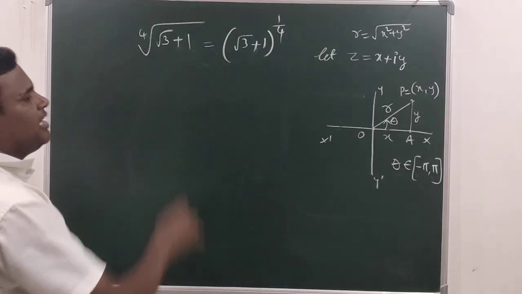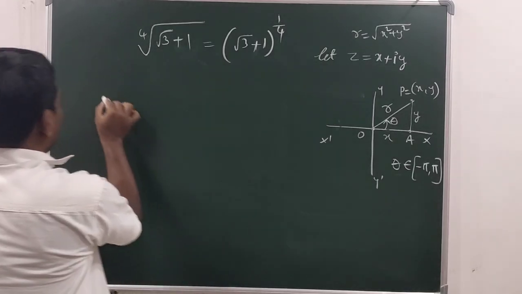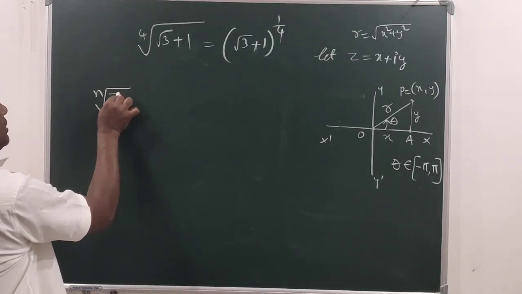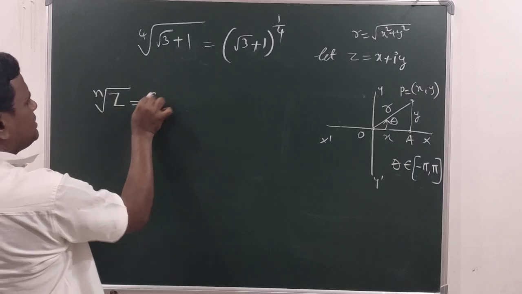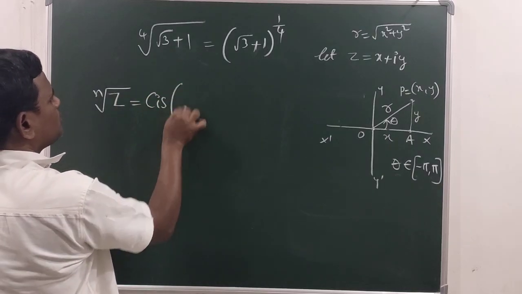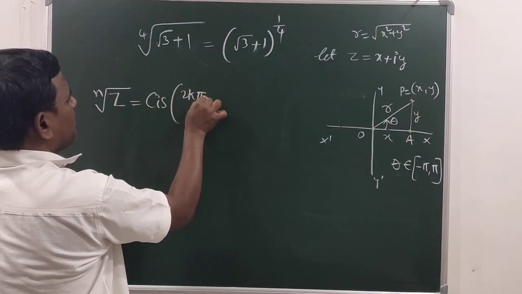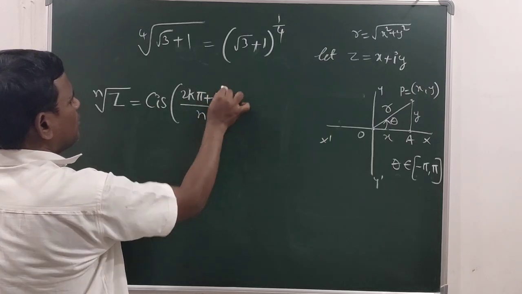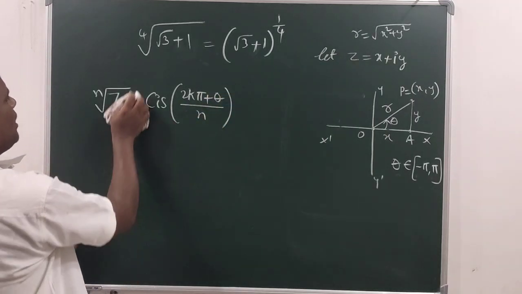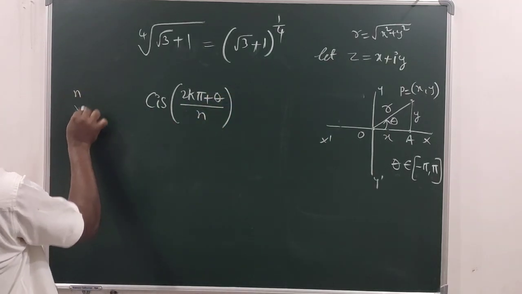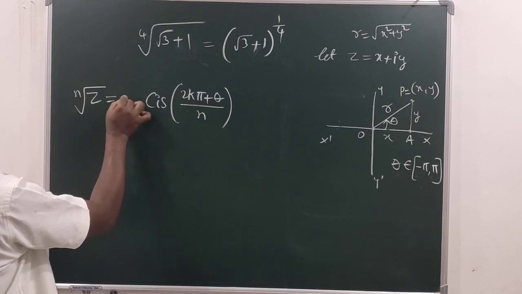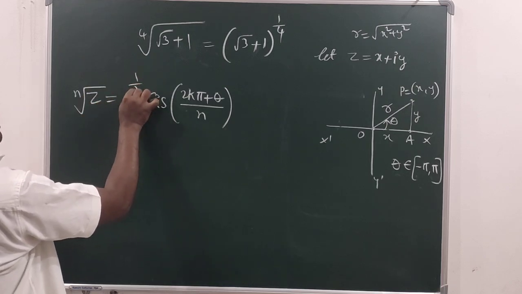Now what is r here? The nth root of z is equal to r power 1 by n cis of (2k pi plus theta) by n.